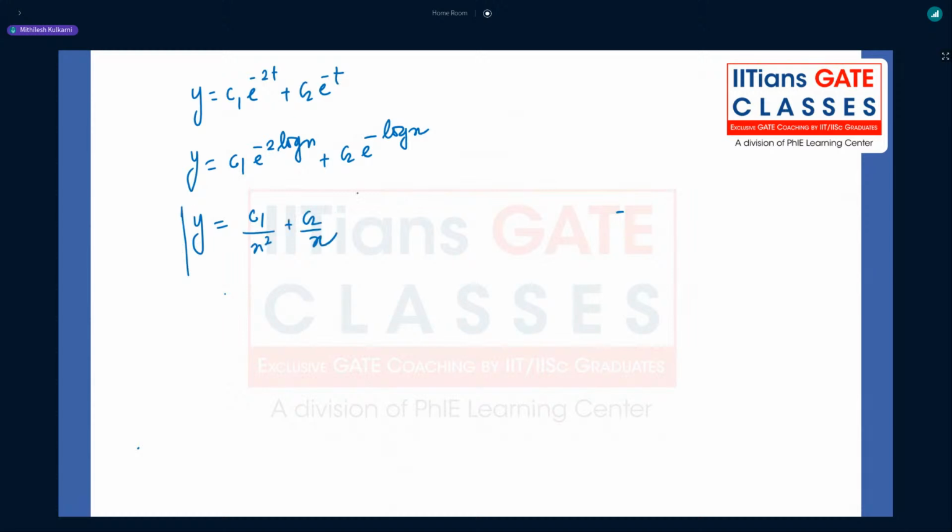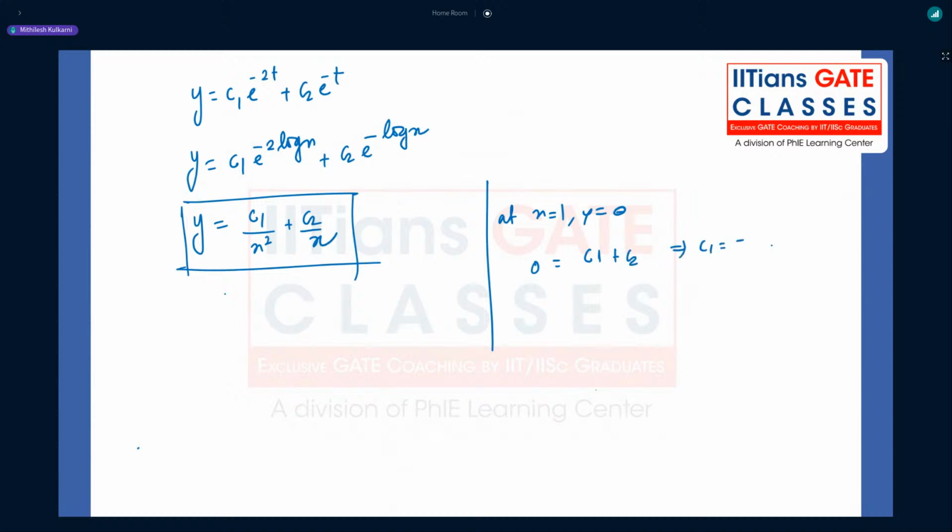And now if you put the initial condition that at x is equal to 1, y is equal to 0, what we will get is 0 is equal to c1 plus c2. This implies c1 equal to minus c2. This is the first equation. Second equation is differentiation: dy by dx is equal to what? Differentiation of 1 upon x square is minus 2 by x cube.